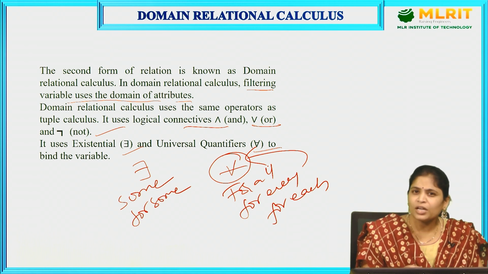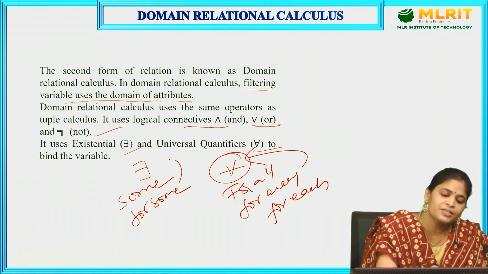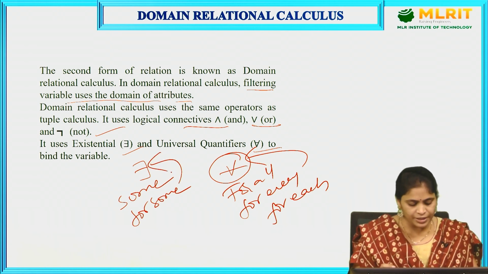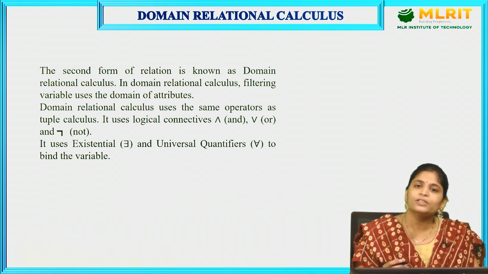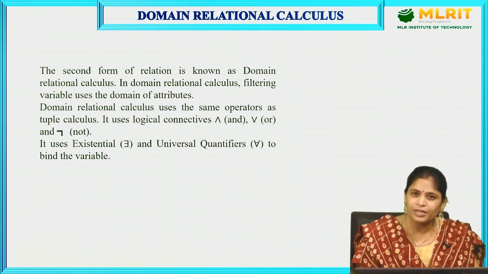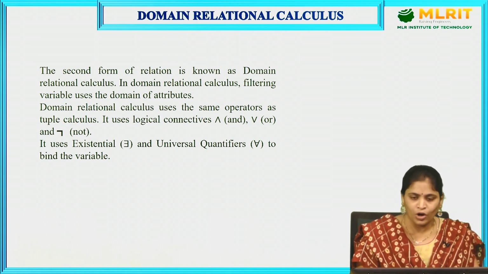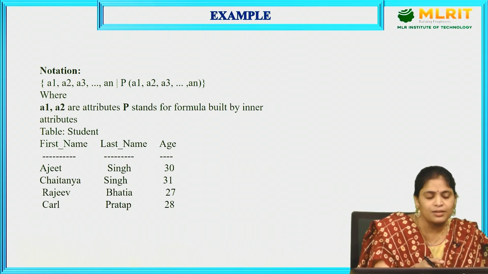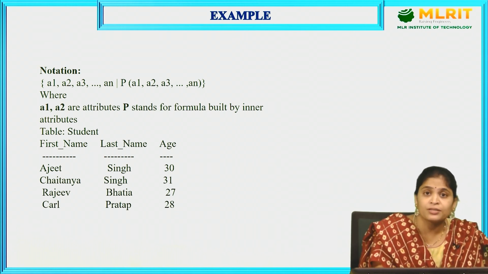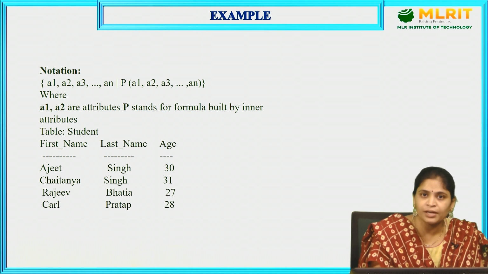To represent only some of the people, the existential quantifier will be used. So in DRC, we use quantifiers along with logical operators, and, or, not, along with the variable. Let us discuss an example and the notation that we use to represent DRC.